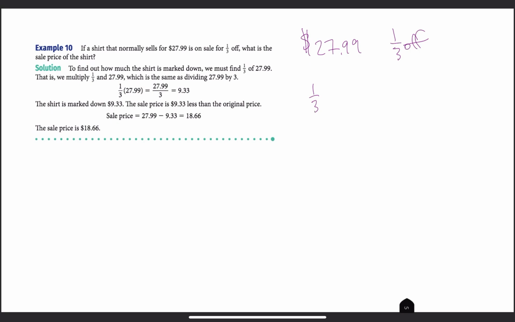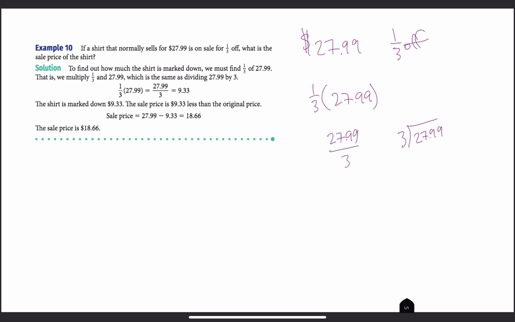So 1/3 of 27.99. So really I'm saying 3 divided into 27.99, and that'll give me a third of it, and that'll tell me the discount here.